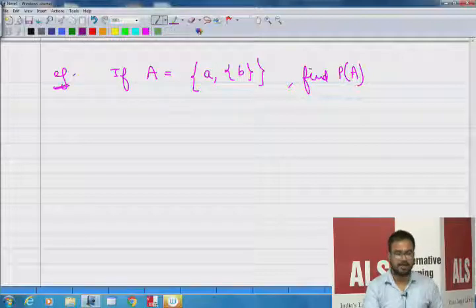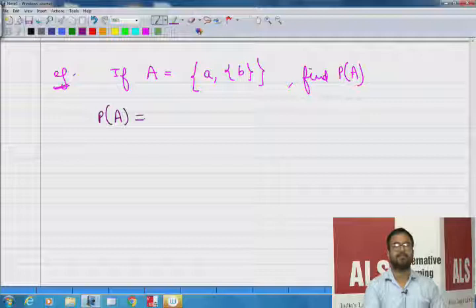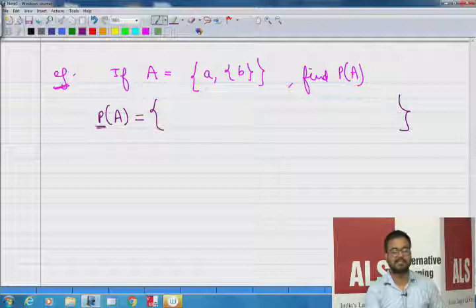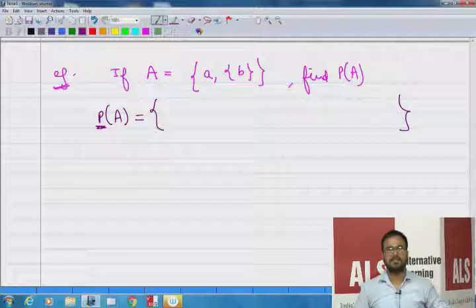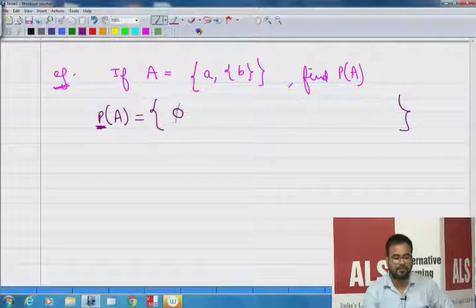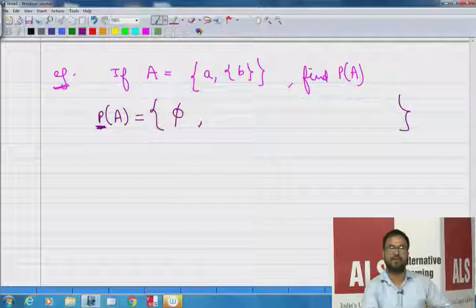Now if I have to write the power set of A, always remember in writing the power set, the starting and the last bracket will always be there. This is for this P. This thing you have to keep in mind. Second thing, always start with the null set, phi, right? That is a subset of every set, and that is written without the parentheses. Now, what is the first element?